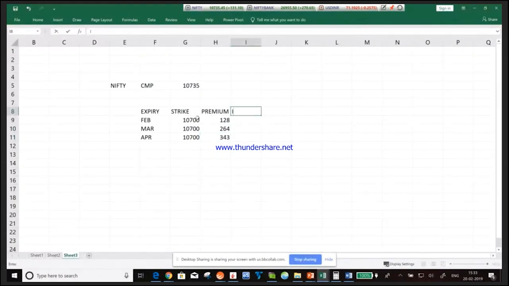Now tell me your intrinsic value and time value. What's the intrinsic value for the Feb 10,700 call option? 35. What is it going to be for this?